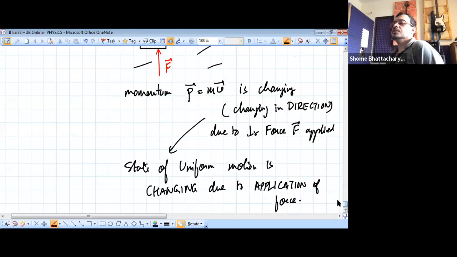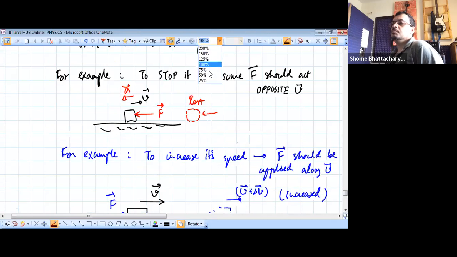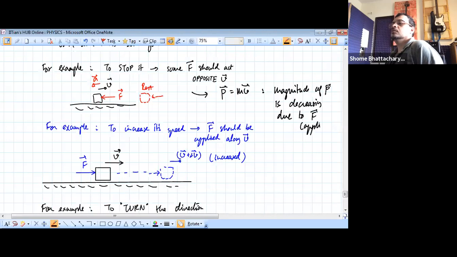In the earlier two examples, the magnitude of momentum is changing. So in this example, the magnitude of the momentum is decreasing due to force F applied opposite.